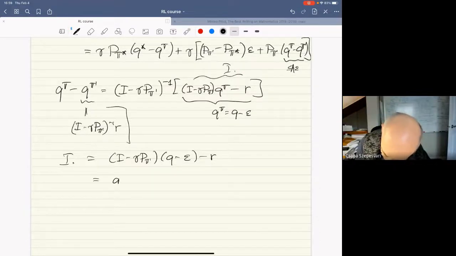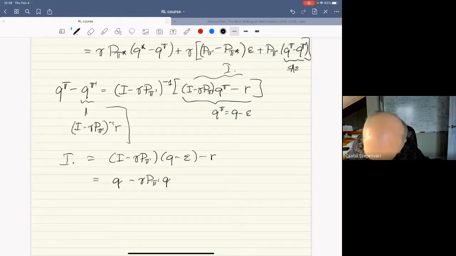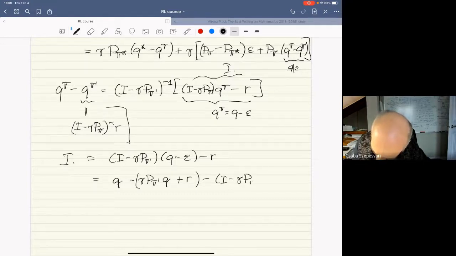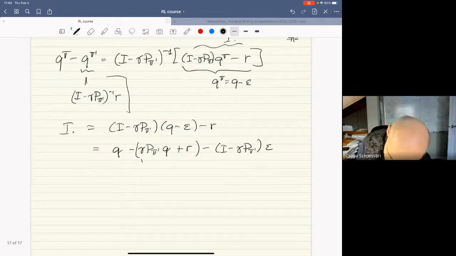So this is q minus gamma P of pi prime of q, minus r. And we might recognize that if I just add these two guys together, I get something nice. And then there is this term that only depends on epsilon, and we like the epsilons. So this is T of pi prime applied to q, and this is just q.